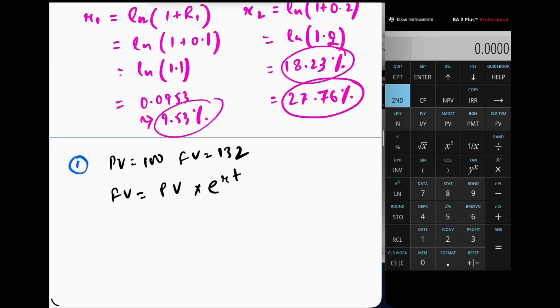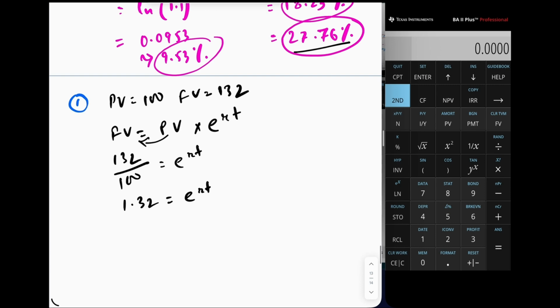This 27.76 is for 2 years, so this RT should be equal to this, because R would be for 1 year, but here it is 2 years. This is 132, right? Present value goes in the denominator, 100, so it will be 1.32 equals e to the RT.